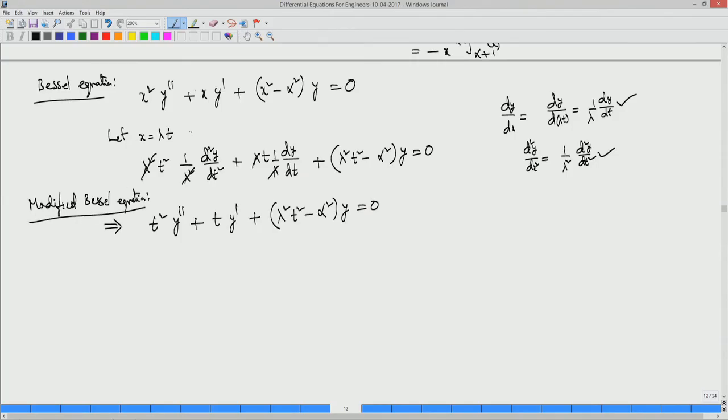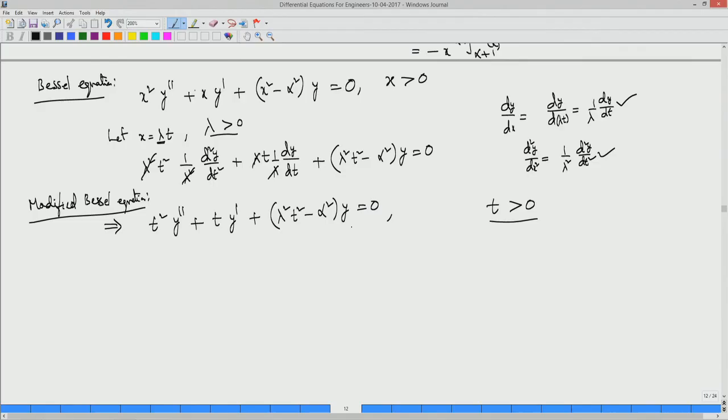You can see that x is always positive, and here also, if we take lambda as positive, t is also positive. If lambda is fixed with this transformation, and the domain is x positive, that makes t positive too.